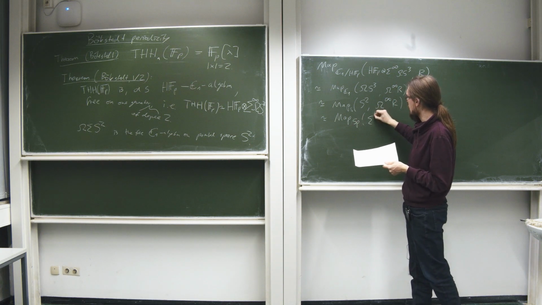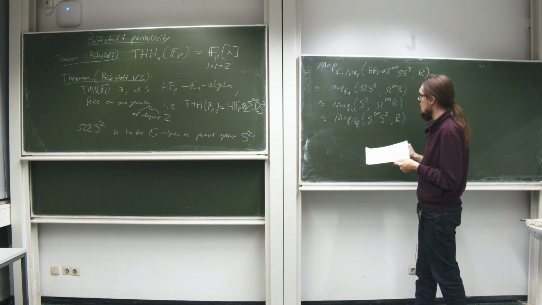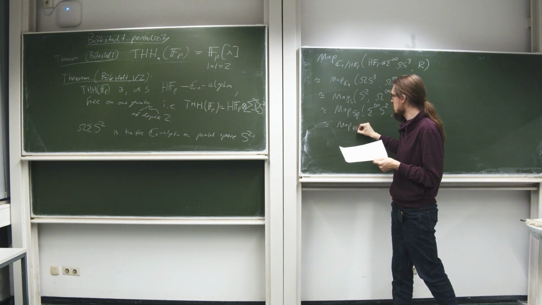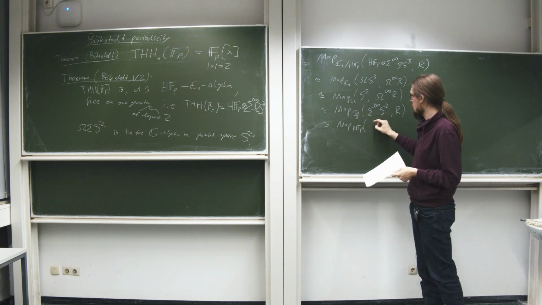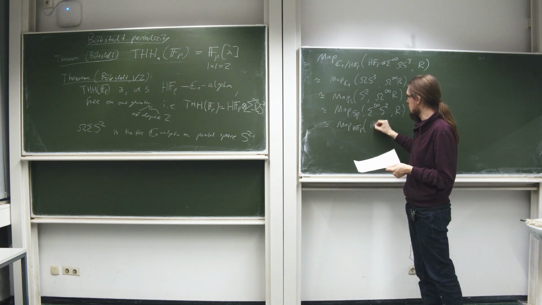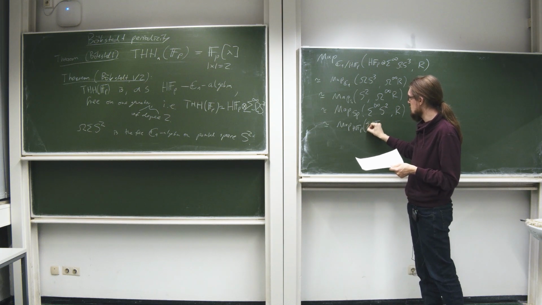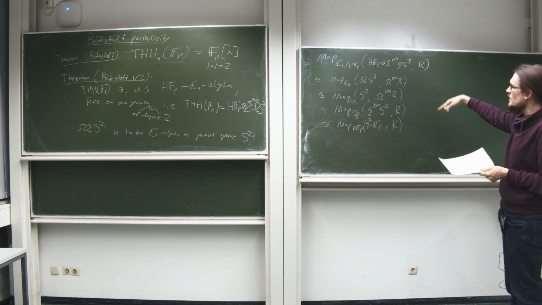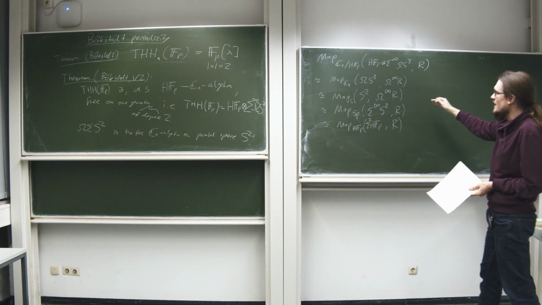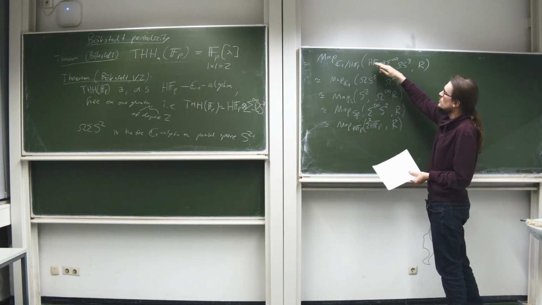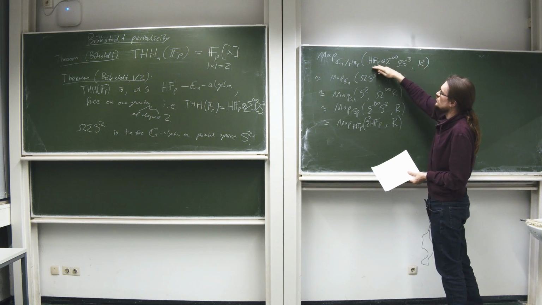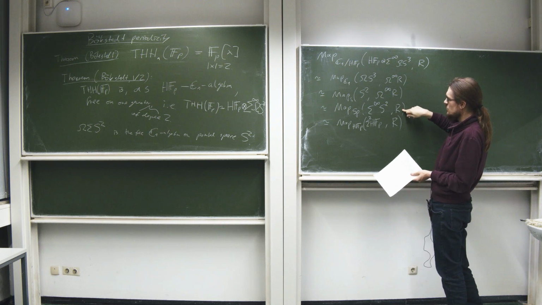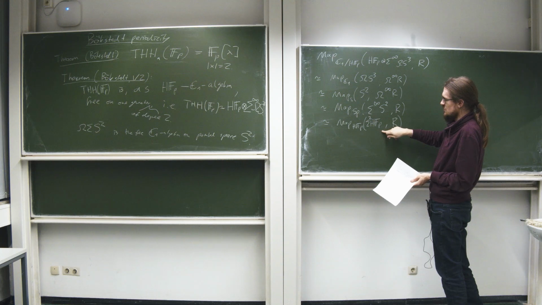This is maps of spectra, sigma infinity S2 into R, and then finally maps of HFp modules, HFp tensor this, so in other words, just sigma 2 HFp, into R. Right, so this is a chain of adjunctions, but it tells you that giving a map of E1 algebras out of this guy is simply the same as giving either an element in pi 2 of R or such a module map.